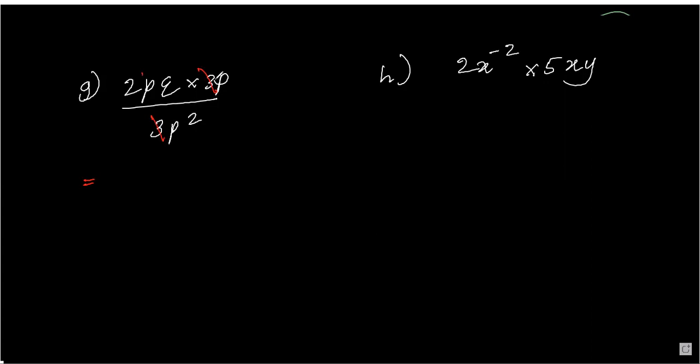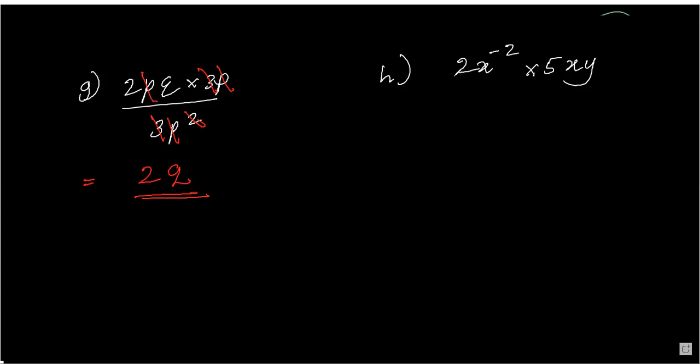For 1p, I will just remove 1p, and here 1 for this one. Then what is remaining here? Remaining is 2q. The answer is 2q. Then H.